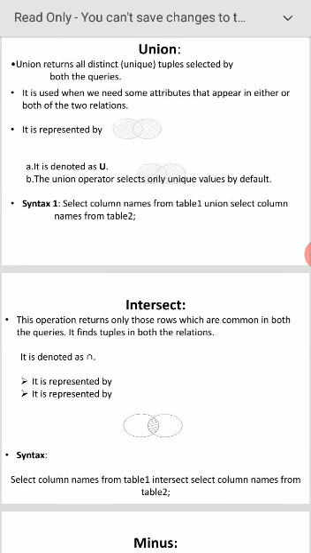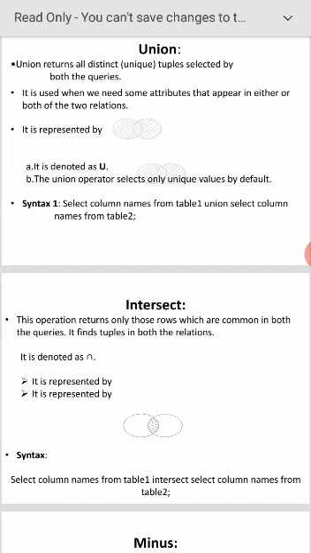Next, the second one, intersect. Common elements. Common elements or common tuples or common attributes in both the relations or sets and so on. It is denoted by the symbol opposite of U. It is represented by the figure you see here.